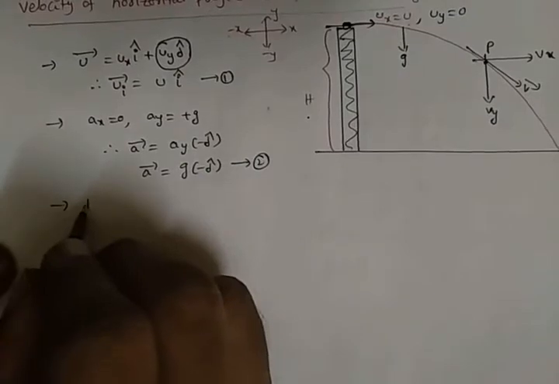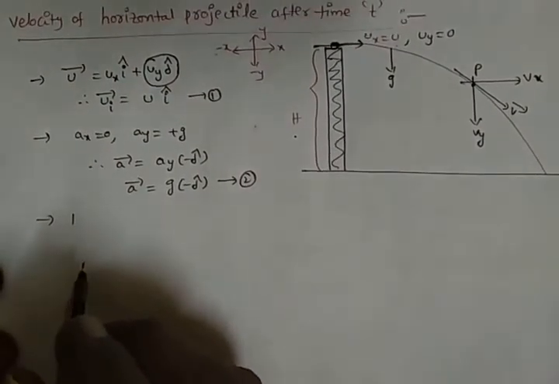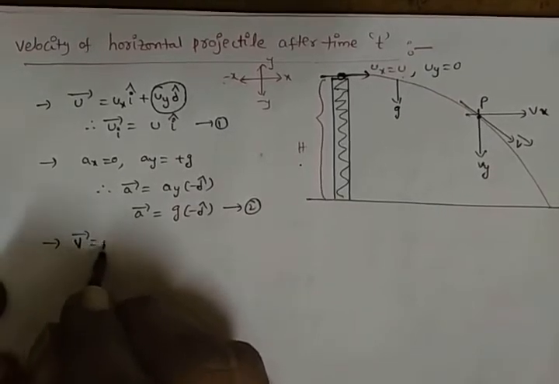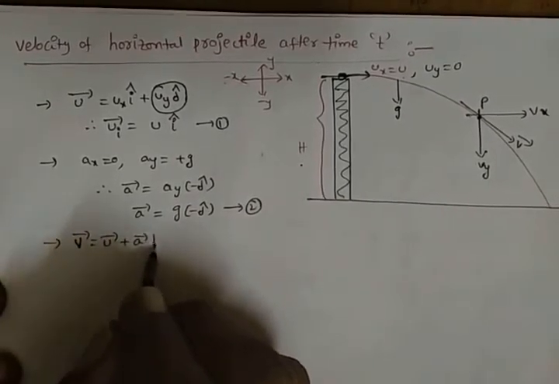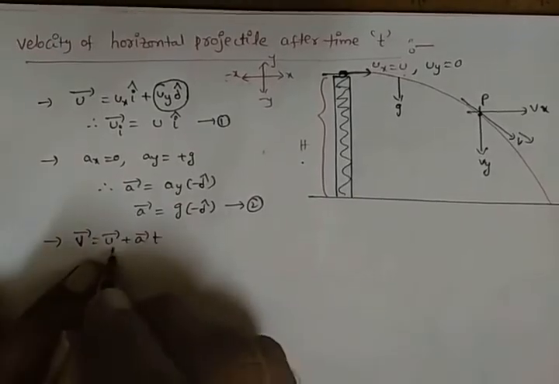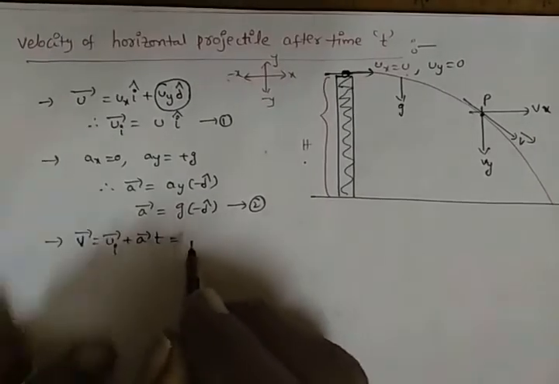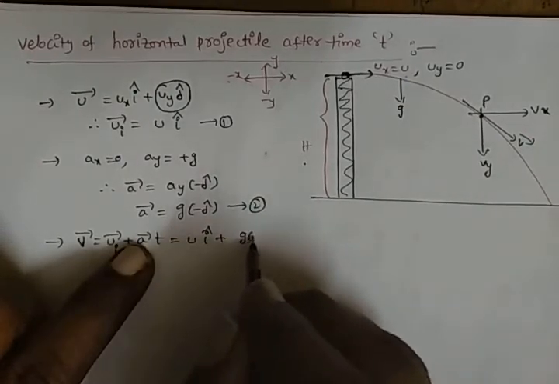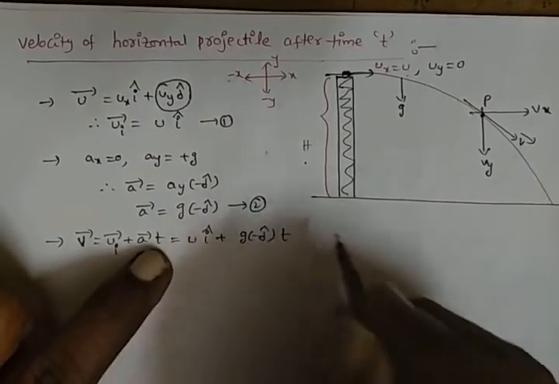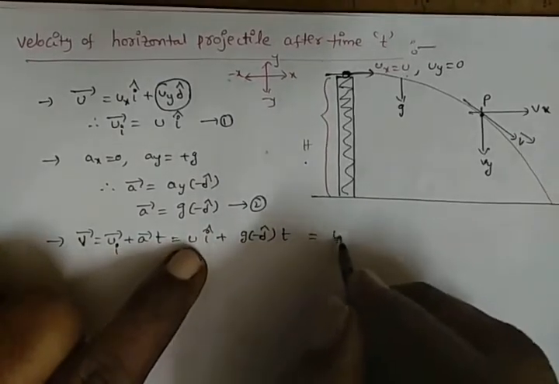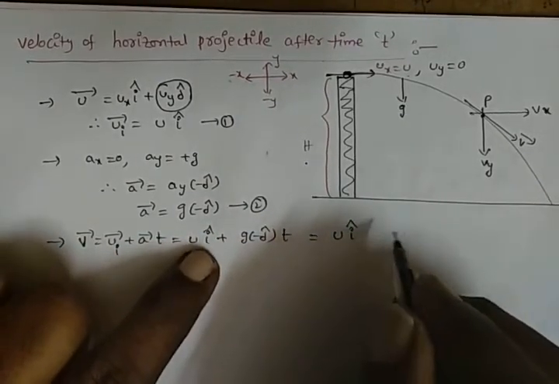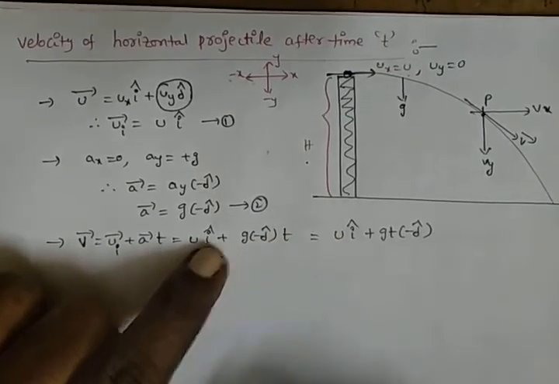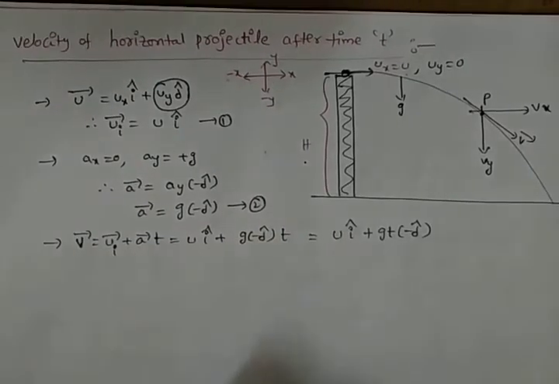So therefore, the velocity vector of the projectile after time t is measured from the equation of motion v is equal to u plus at. Here we know that u initial is u i cap and the acceleration vector is g minus j cap into t. So this equation changes into u i cap plus gt minus j cap.